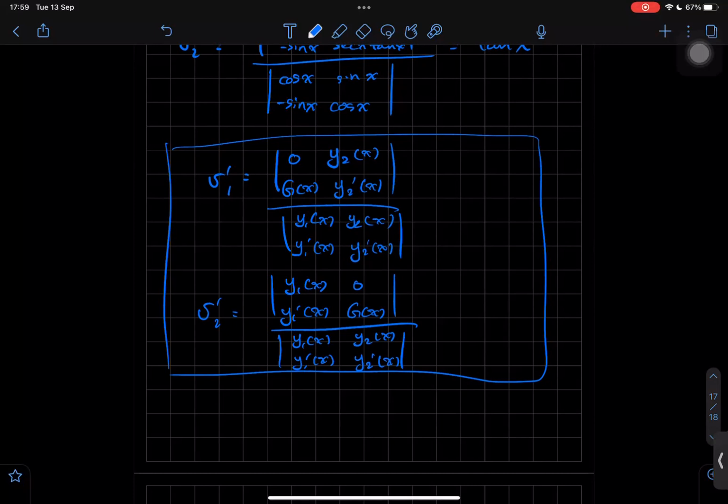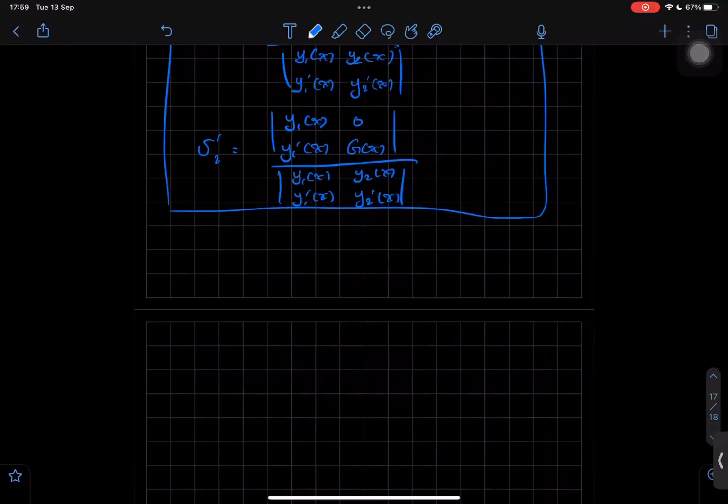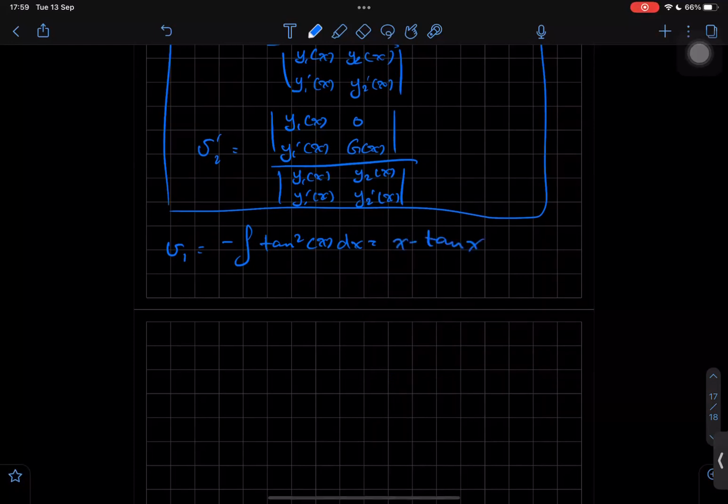After this you can find v1 and v2, right? v1 is equal to minus the integral of tan squared x dx, and this thing is x minus tan x. v2 equals the integral of tan x dx, which is log of sec x.